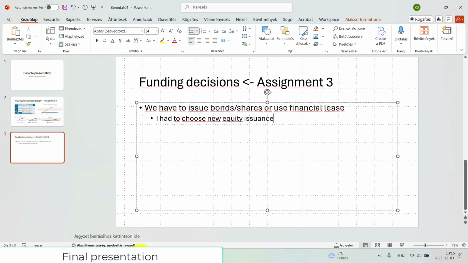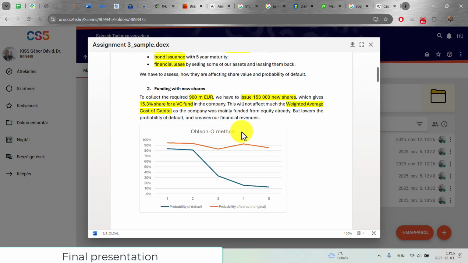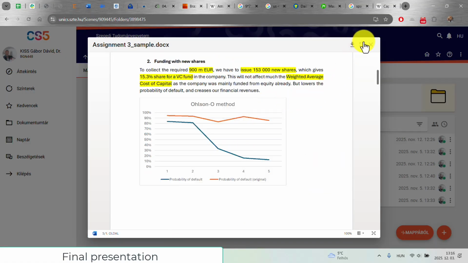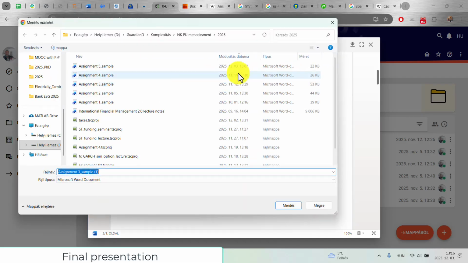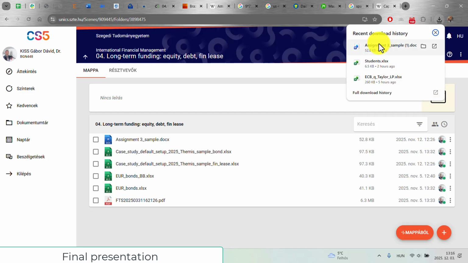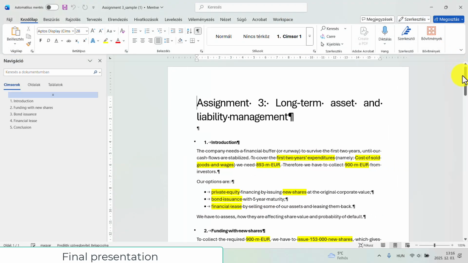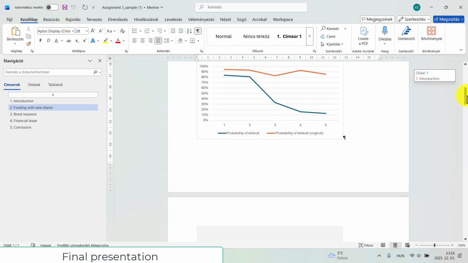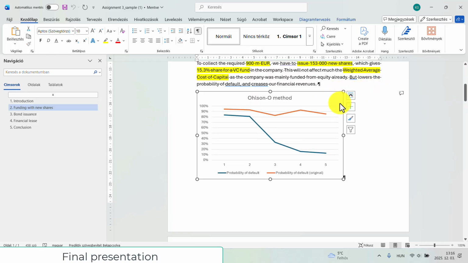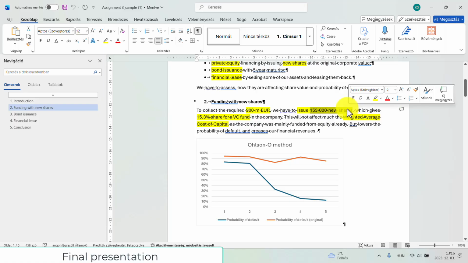And where is 3? Yeah, in this case. Okay, let's download it, because I know that this was accepted. So first of all, that was the number of the new shares.